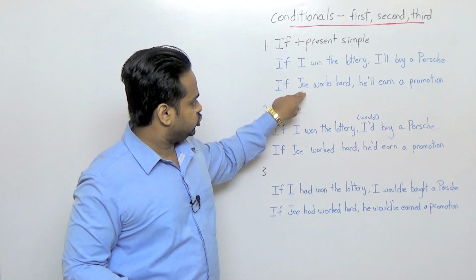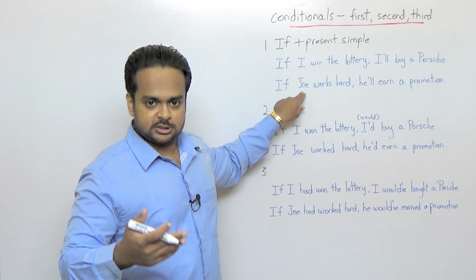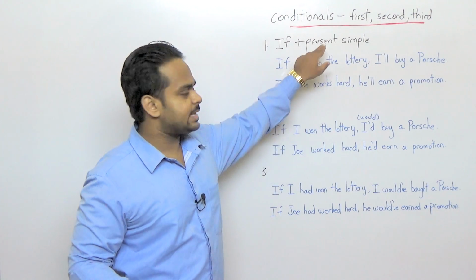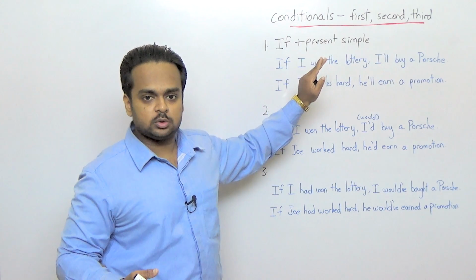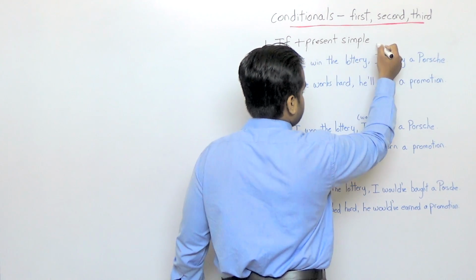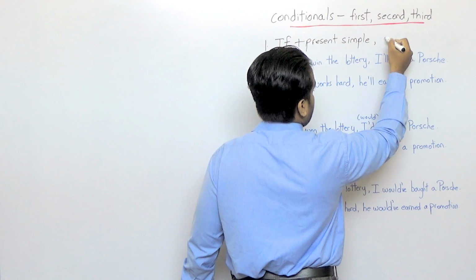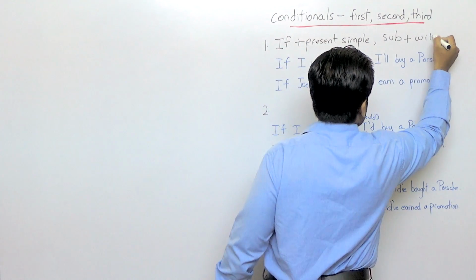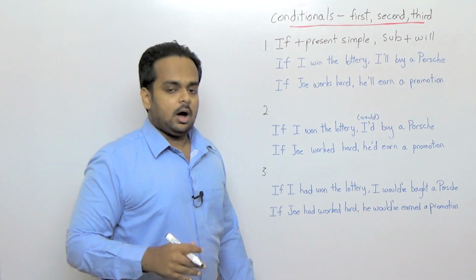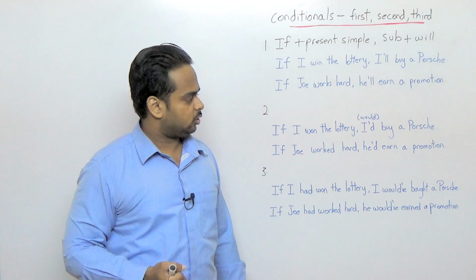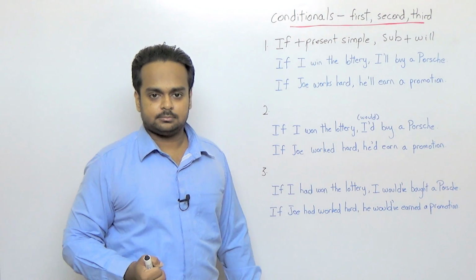The same way Joe, who's the subject, is who or what is doing the action, and then you have works, which is again in the present simple. This is what shows us that the situation is possible. And then in the result, we have a sentence with a subject and then with will. So I will buy a Porsche. And when we speak, we say I'll buy a Porsche, or he'll earn a promotion.